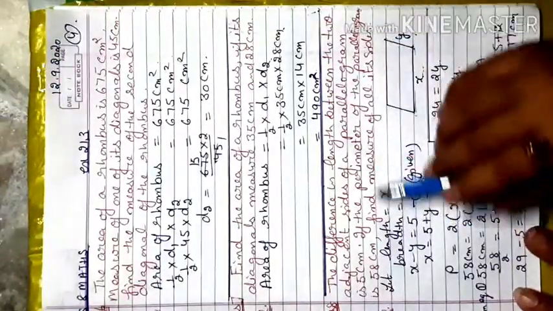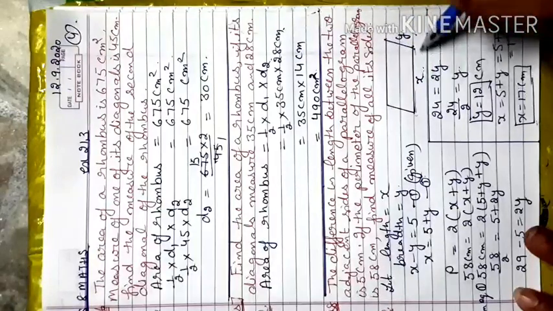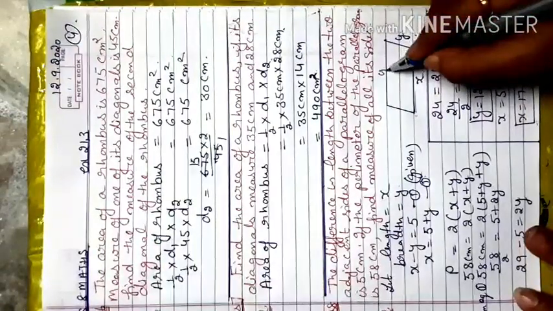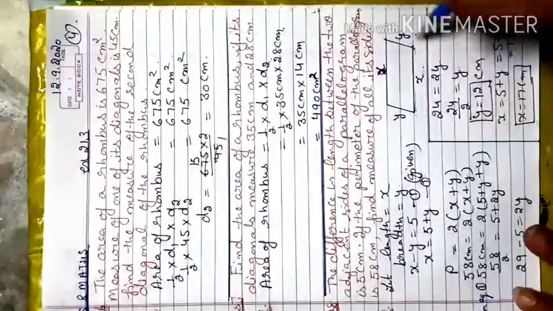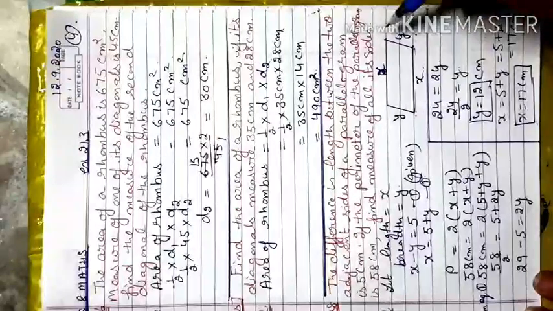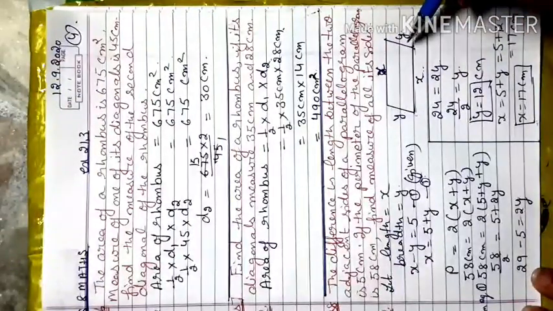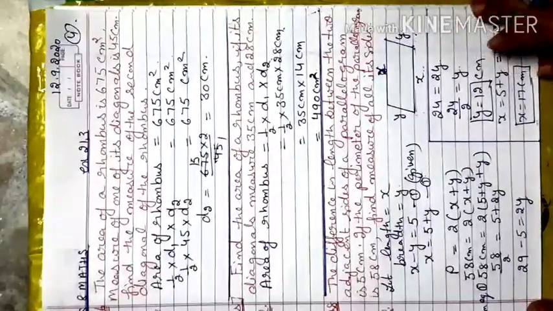If the perimeter of the parallelogram is 58 centimeter, that is, if you add all the sides, that gives the perimeter of this parallelogram. You have to find the measurement of all these sides.